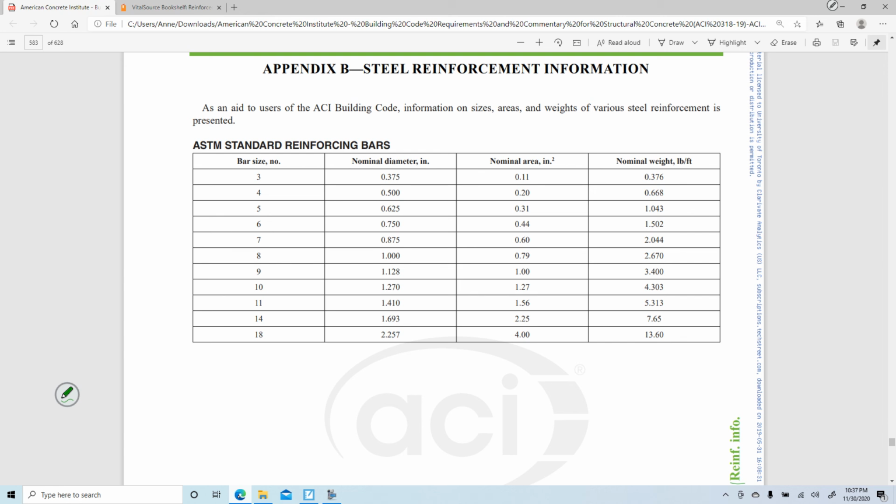a number 3, what page is that on? Column reinforcement.